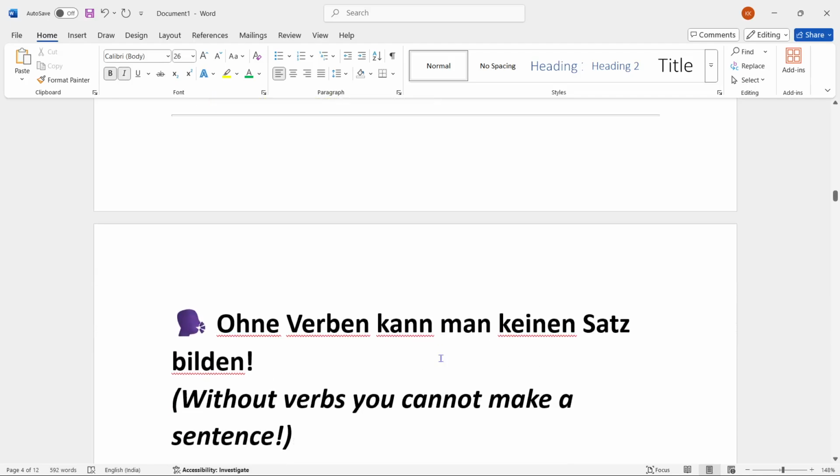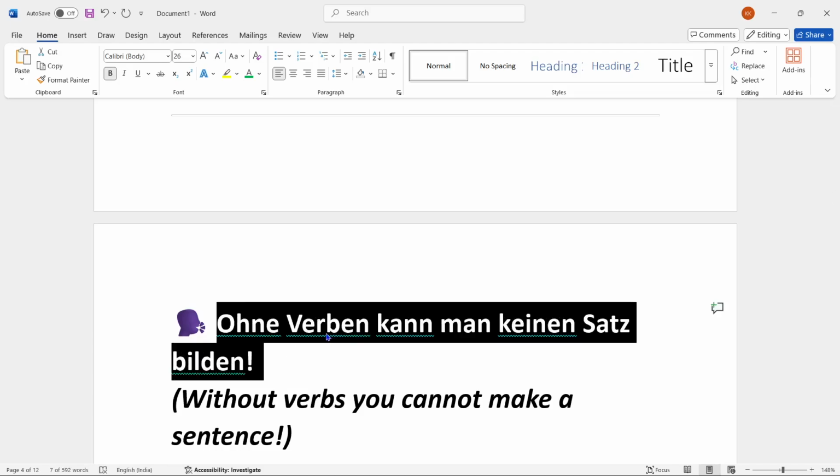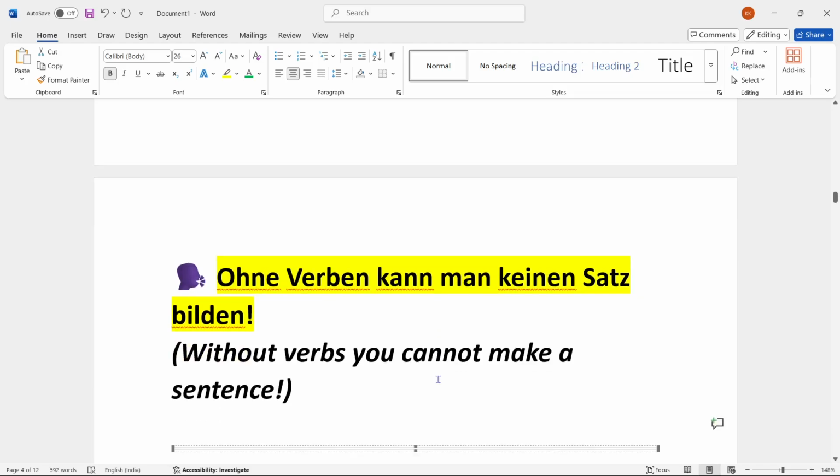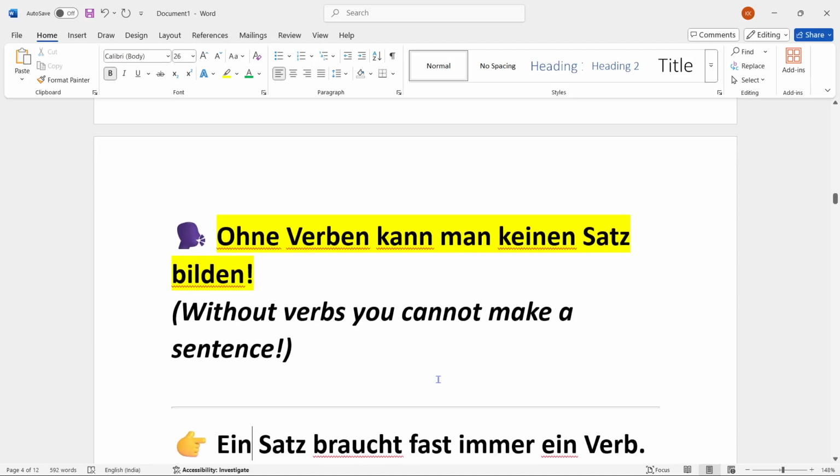First thing, without verbs, you can't make any sentence. Ohne Verben kann man keinen Satz bilden. Bilden means to make. Do remember these things. So, to make one sentence, we need the verb.